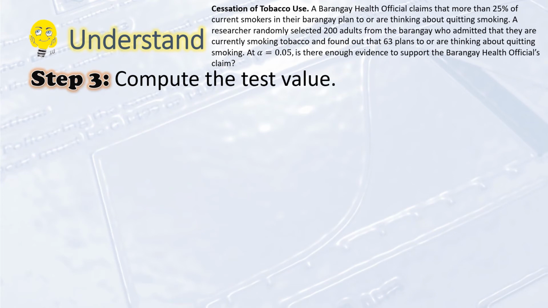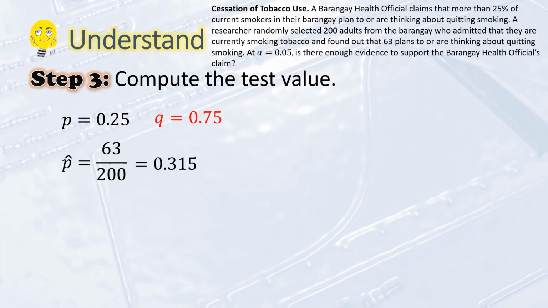Step 3, we compute the test value from the given information. Population proportion is 0.25. Then we have 1 minus P is equal to 0.75. The sample proportion is equal to 63 over 200, and this is 0.315. N is equal to 200.